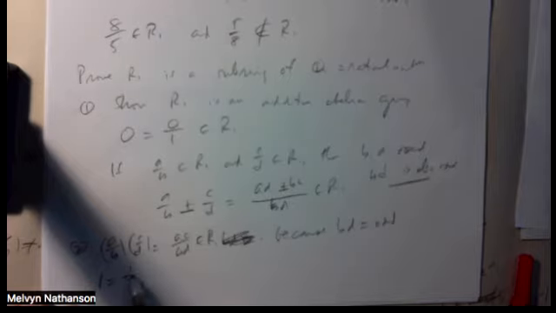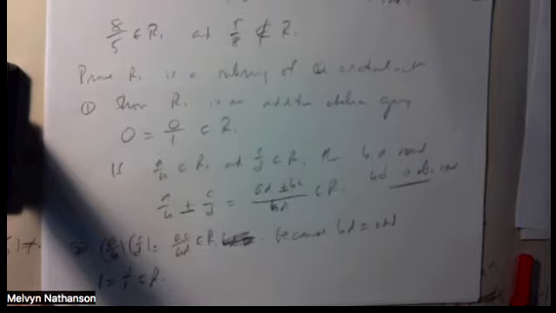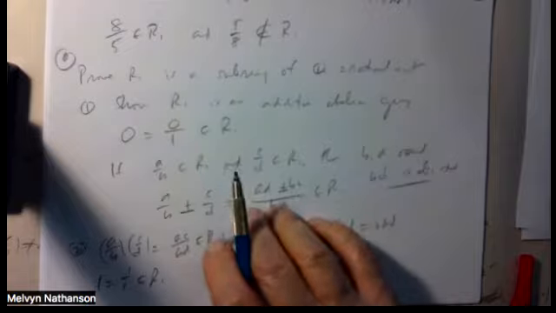Also 1, which is 1 over 1, is in R1 because the denominator is odd. And that's all you need to show. But you know the rational numbers are a ring, so the distributive laws hold, and that's it. We're done. This is the first part of the problem. This is A. Prove R1 is a subring.